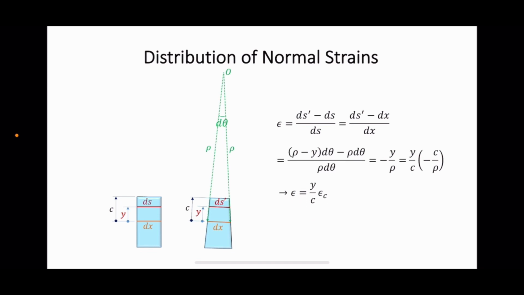As you can see, lowercase letter c indicates the distance from the neutral surface to the top edge of the beam. Now, based on Hooke's law, we know that the bending stress is also a linear function of distance y. That relationship can be visualized as follows.